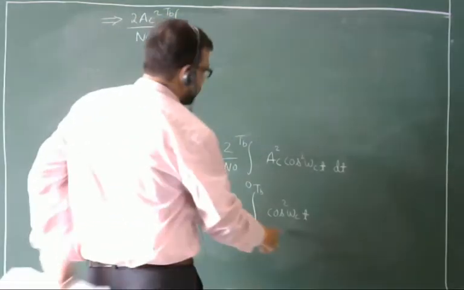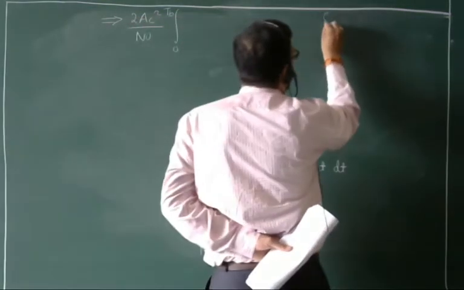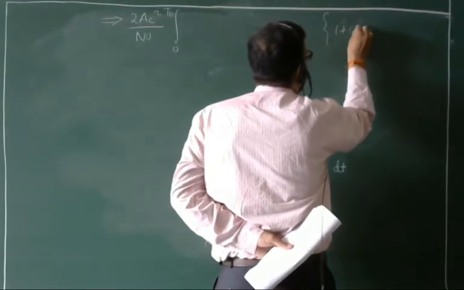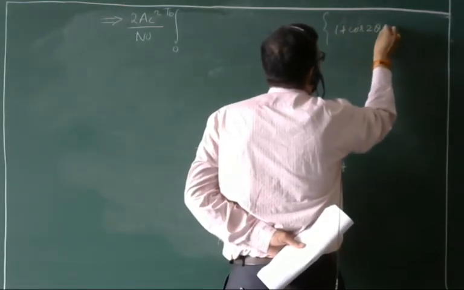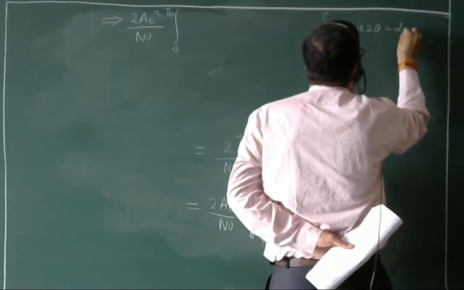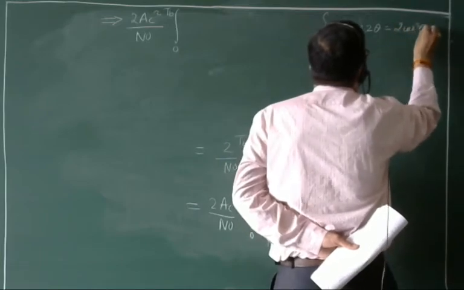There is the formula: 1 plus cos 2 theta is equal to 2 cos square theta.